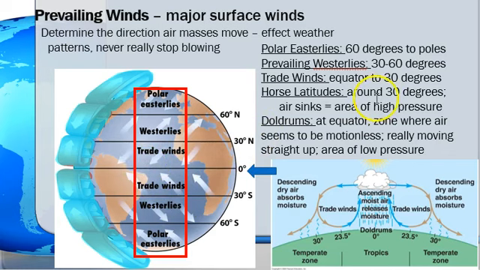But what's going to happen is right at the equator, you're going to have this area called the doldrums. And the doldrums are a very low pressure area. And because it's low pressure, it's going to easily absorb moisture, and it's going to take that moisture up, and it's going to condense right at the top, and it will rain right back down again. But this is what's going to set up the convection cells for the rest of the planet, basically.